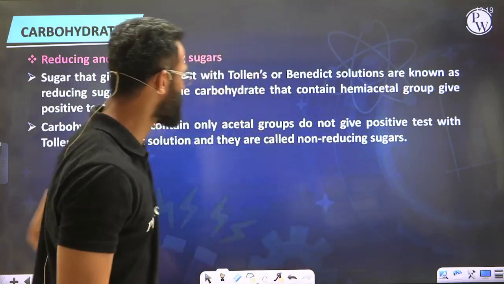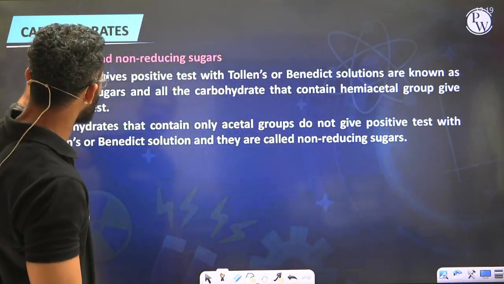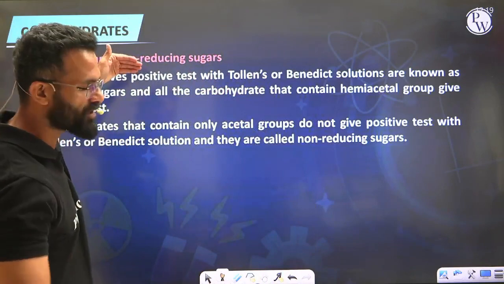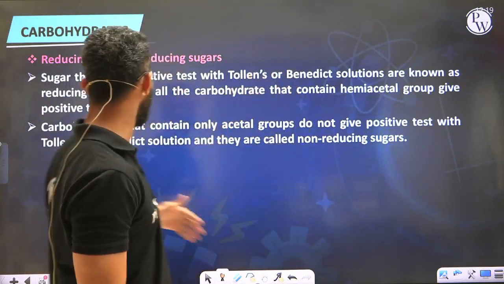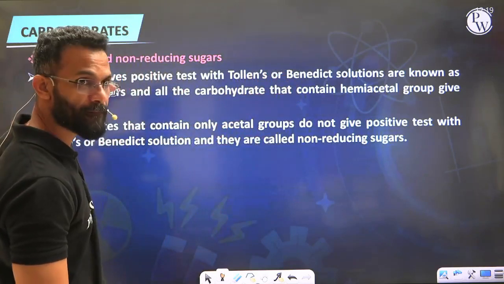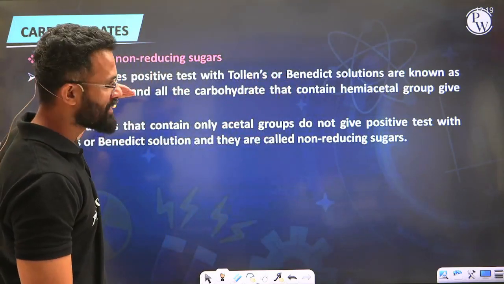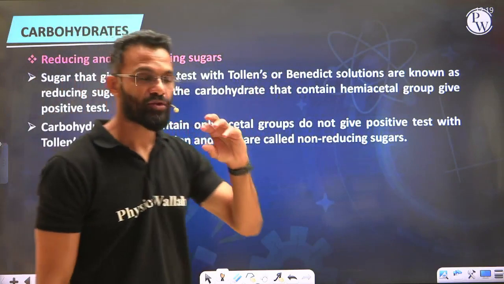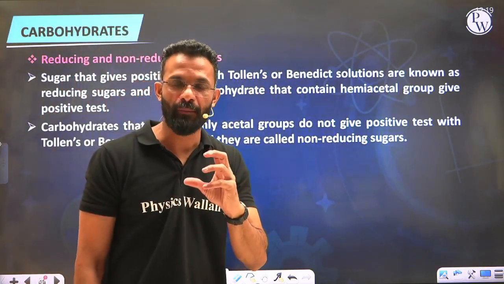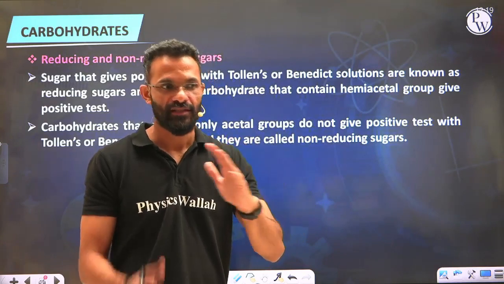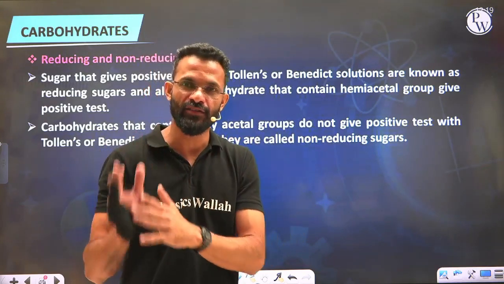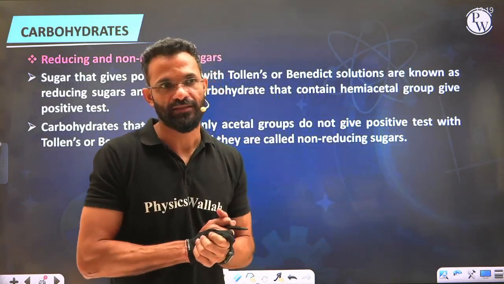Hence, in simple words, what are reducing sugars? Sugars that give a positive test, or the ones which reduce Tollens, Benedict as well as Fehling solutions, are known as reducing sugars. Right, everyone? Now, those sugars which are not capable of reducing these reagents, I'll call non-reducing sugars. That's how we are simply classifying reducing sugars and non-reducing sugars.